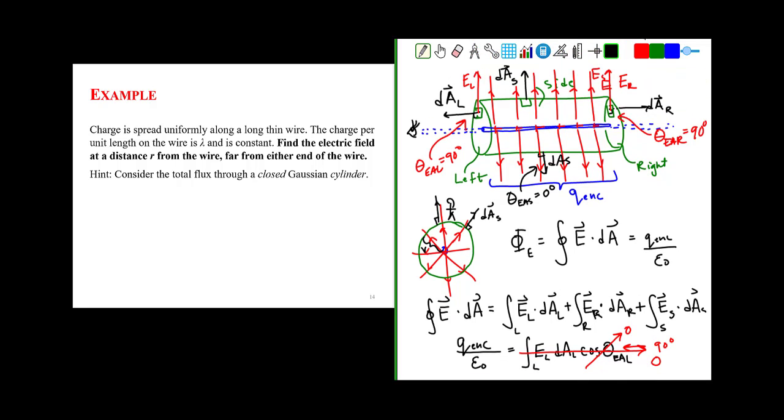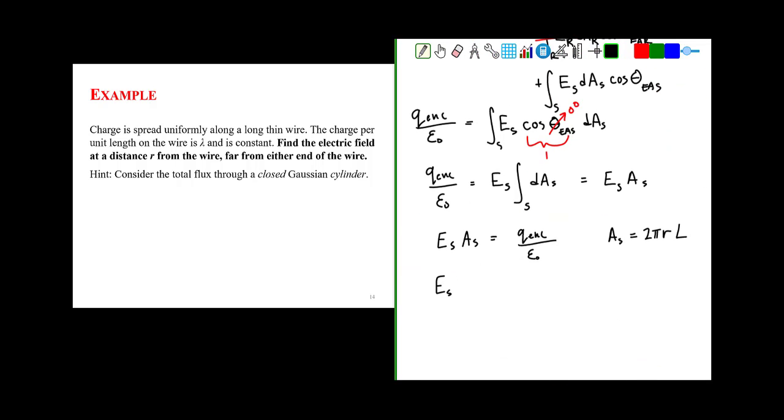Well, that picture's kind of messy. Let's just go ahead and redraw our cylinder down here and just focus on the cylinder part itself. So our Gaussian cylinder has a length L. We're not given that length, but you're going to see we're not going to need to know the length of that cylinder. So it has a length L, a radius r, and this is enclosing a certain amount of charge.